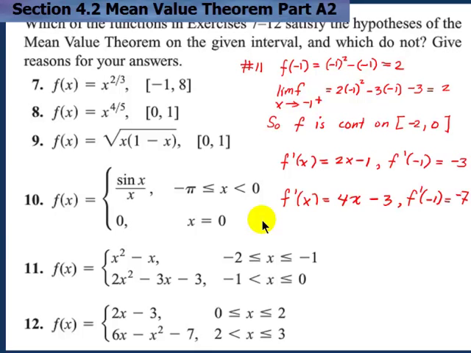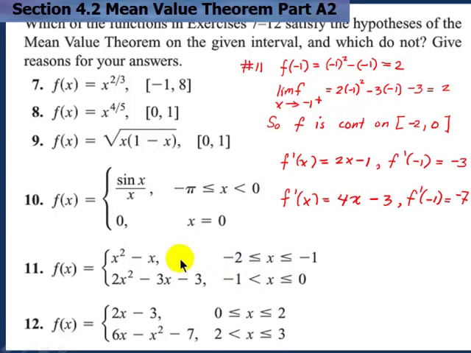Alright, let's look at number 11. There's something here that we have to watch out for. It's a piecewise function, although these are both differentiable, both continuous. What we need to watch out for now is where they're partitioned or where they are separated.